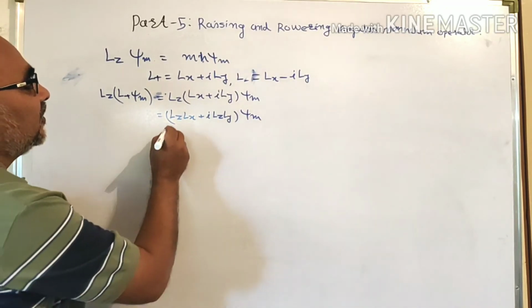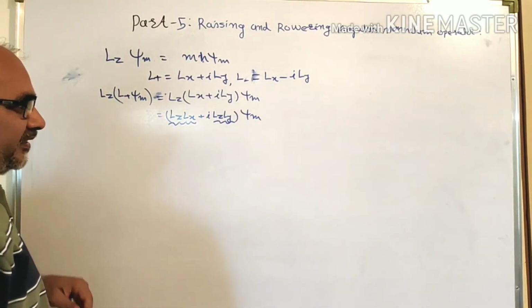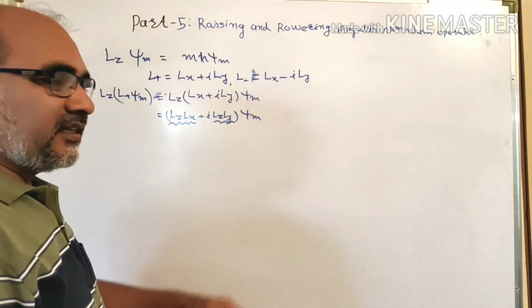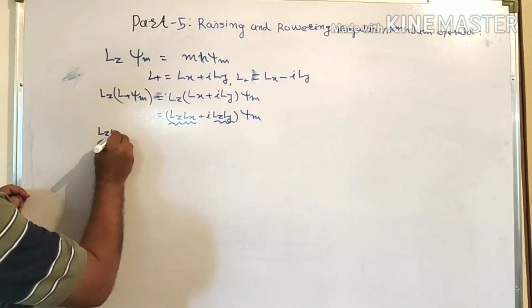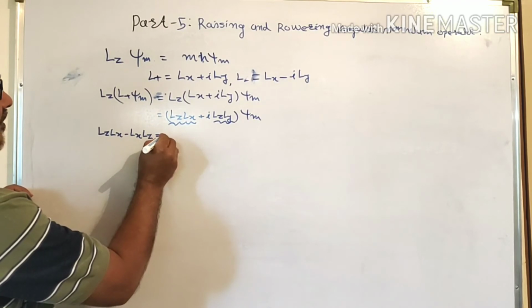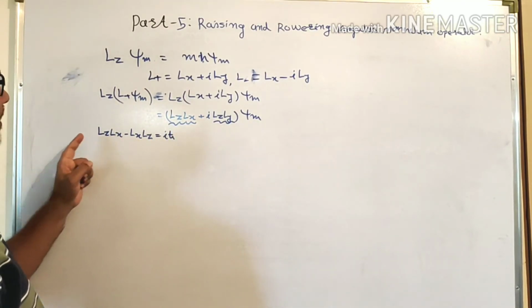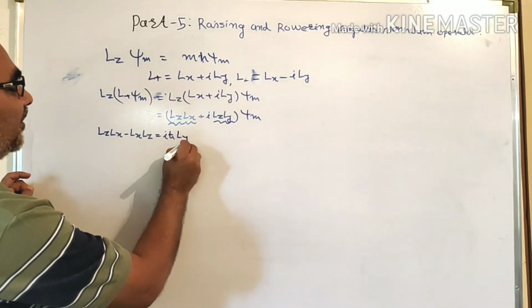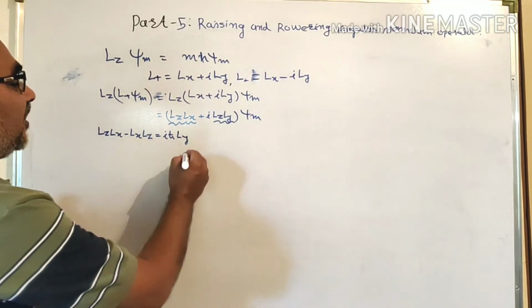Okay, now we are going to see what is the value of LzLx and LzLy. We know that LzLx minus LxLz is equal to iħLy, and we have already known this relation.